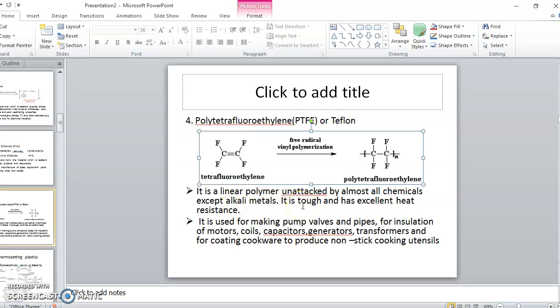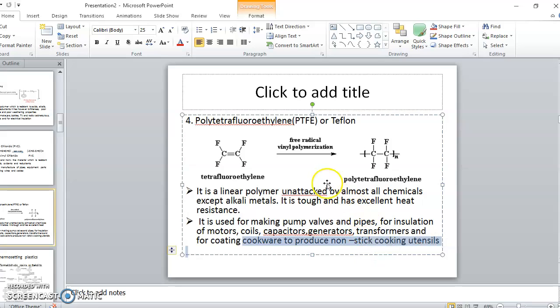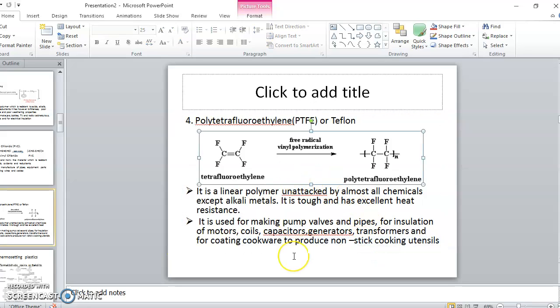It is tough and has excellent heat resistance. It is used for making pump valves and pipes, for insulation of motors, coils, capacitors, generators, transformers, and for coating cookware to produce non-stick cooking utensils.